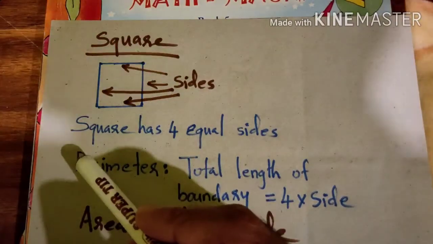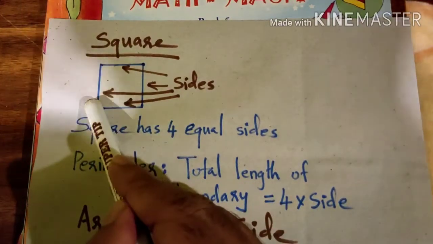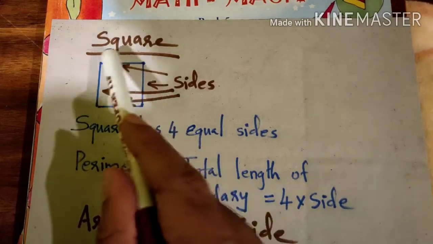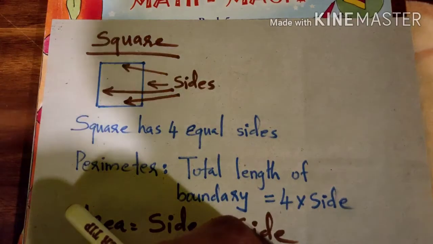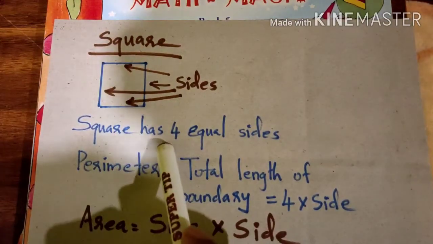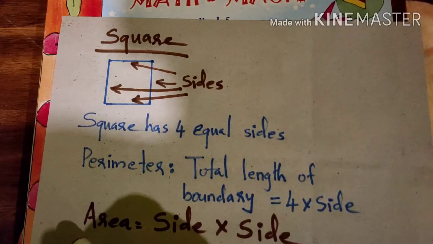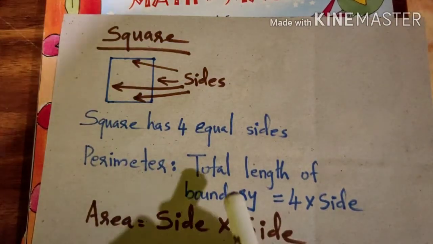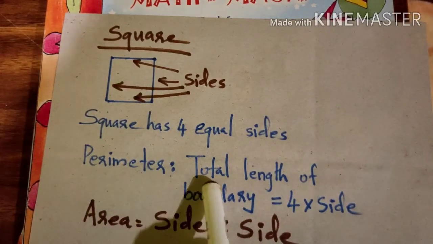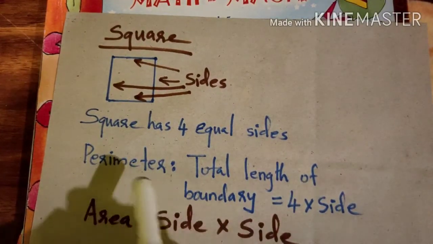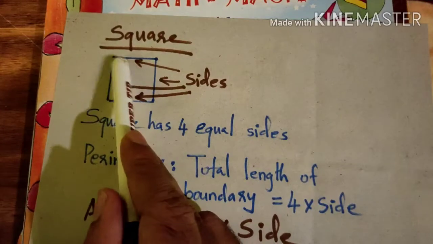You can see from the figure there are 4 sides, 1, 2, 3, 4. There are 4 sides for a square and these 4 sides are equal. A square has 4 equal sides. Now let's look at what a perimeter is. Total length of boundaries is called perimeter, which means the sum of these 4 sides.